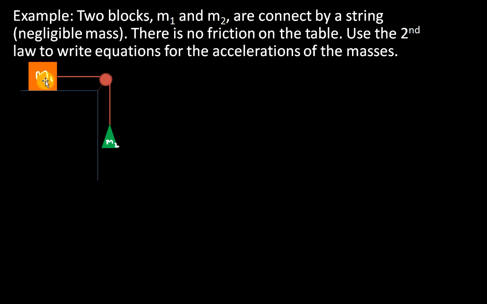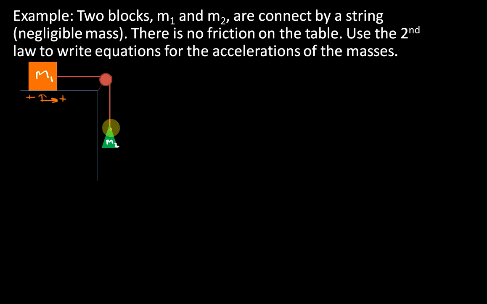This orange block is going to start moving to the right because the green triangle is going to be tugging on it. For the orange block, I'll use an orange pen, and I'm going to say to the right is positive. And usually up is positive, so I'll do that here.